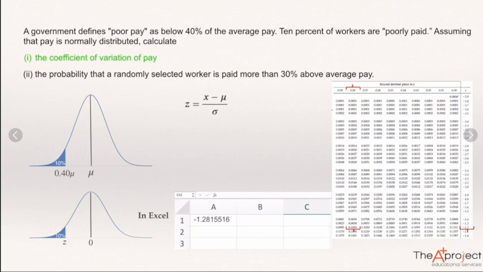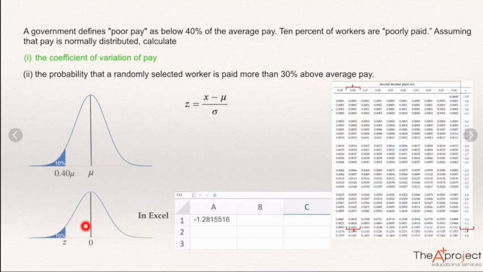The table that I have here has the areas that are at the left of the number. So when you have a value of z, the table gives you the area at the left of the value z. Usually tables like this have 2 pages. There are other types of tables that have just the area between the number and the center of the distribution.